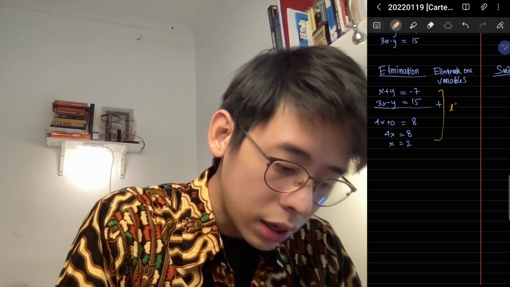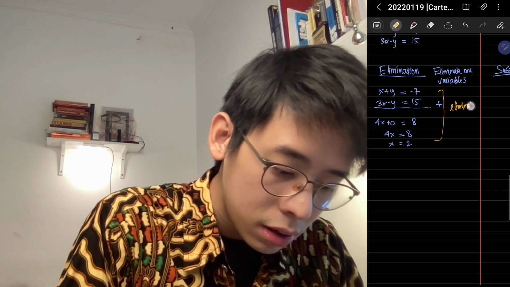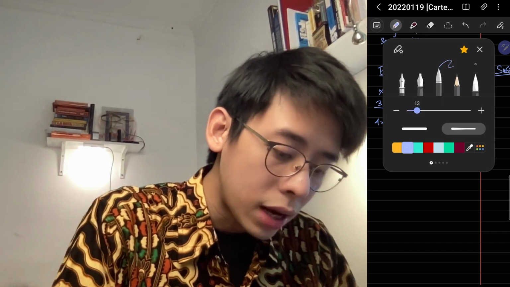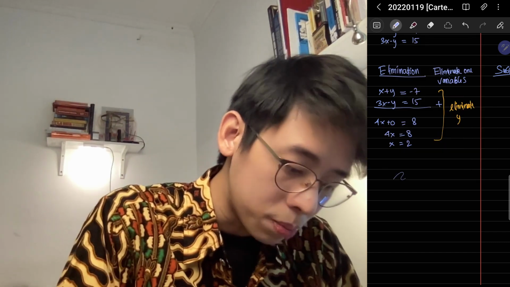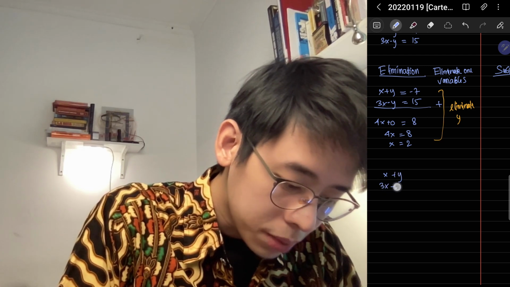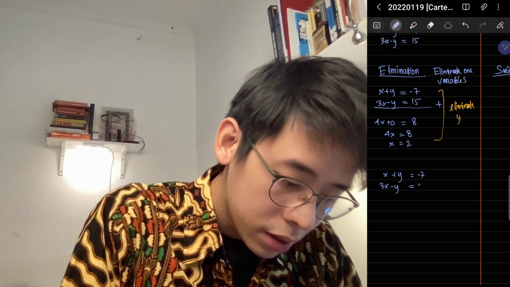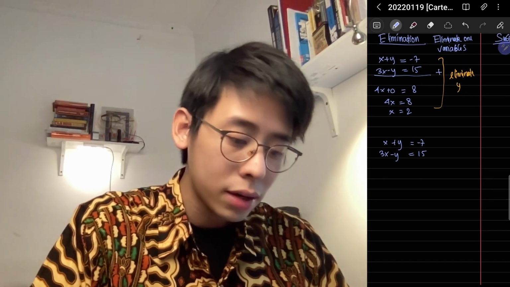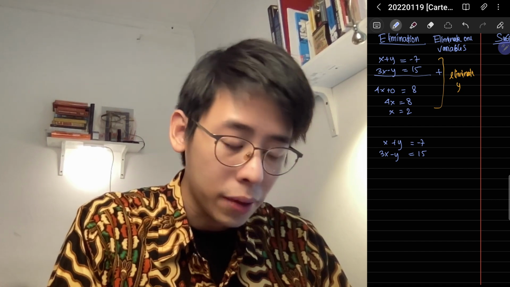We eliminated y. How about if we eliminate x? That can be done too, but we have to work with 3x minus y equals 15 and x plus y equals minus 7. In this case, we cannot eliminate x straight away. Why is that?